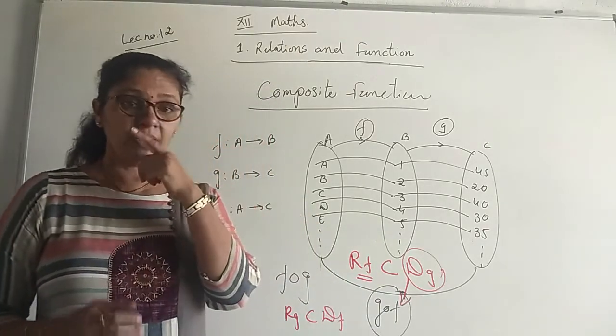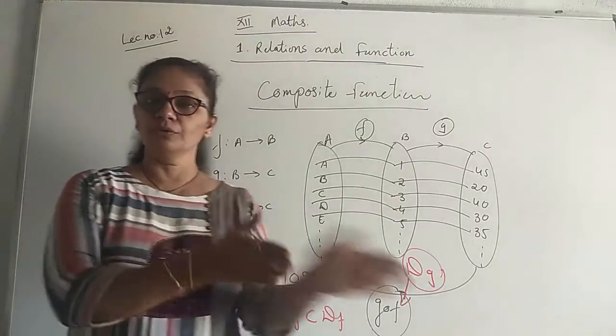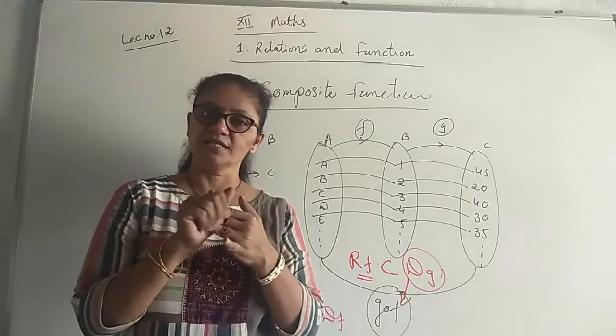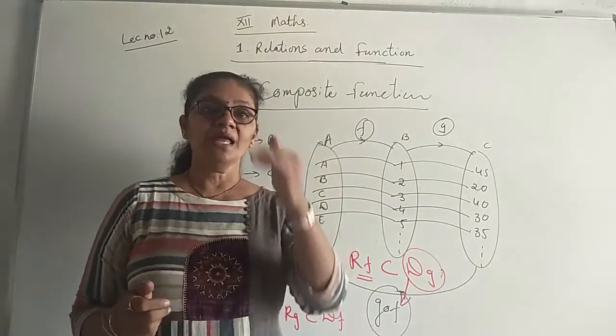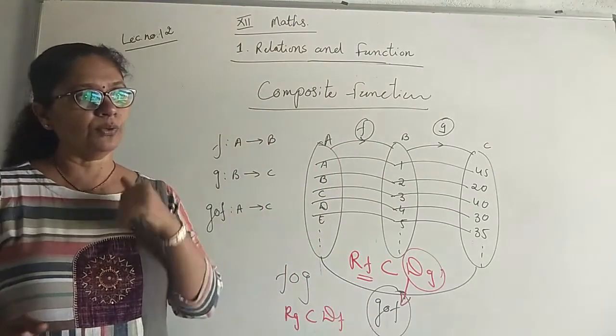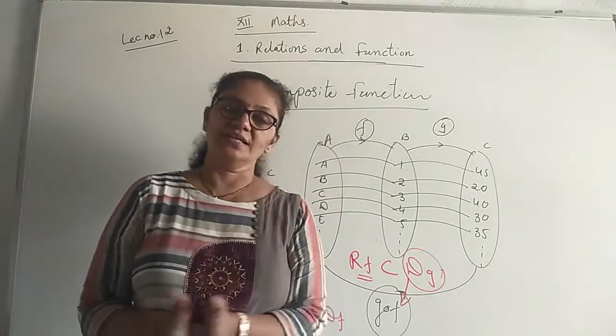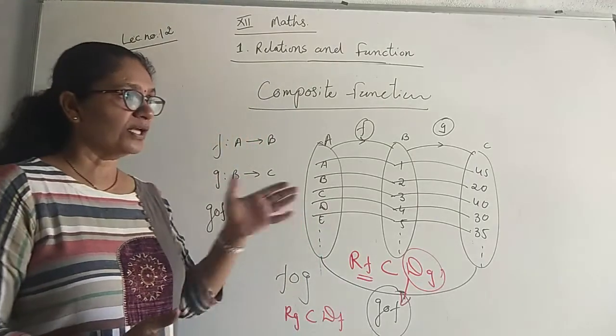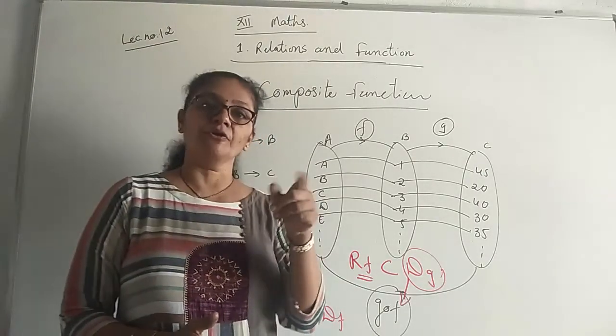But as far as sums are concerned, we have to remember the three relations: reflexive, symmetric and transitive. And if any relation satisfies all three properties, then it is an equivalence relation. That was your first exercise, 1.1.